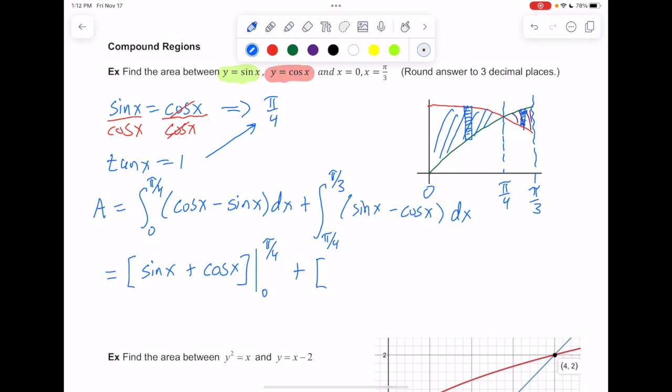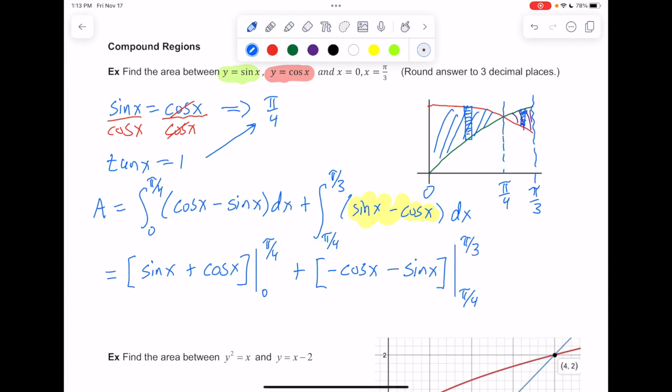So now we're working with this one over here. The first antiderivative is of sine. Antiderivative of sine is negative cosine, and then minus the antiderivative of cosine, which is just sine. And then that one is going to be evaluated from pi over 4 to pi over 3.